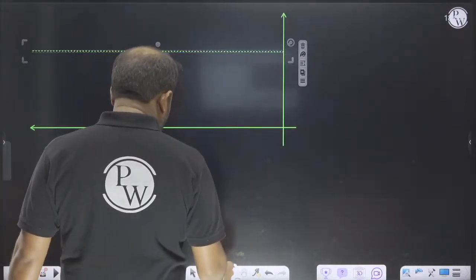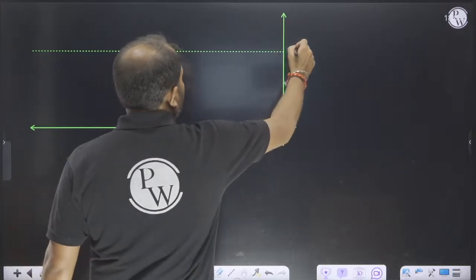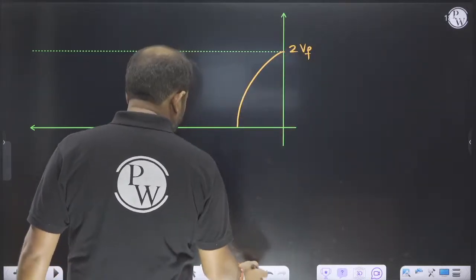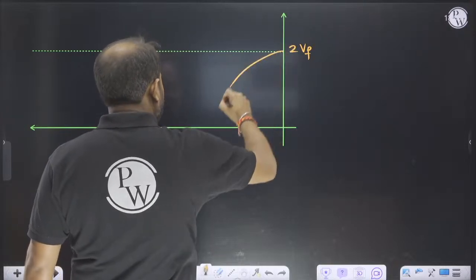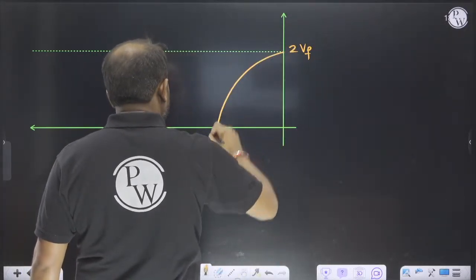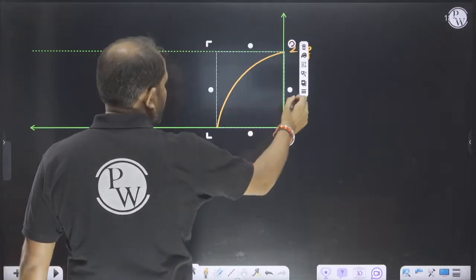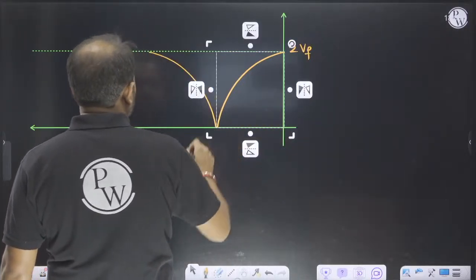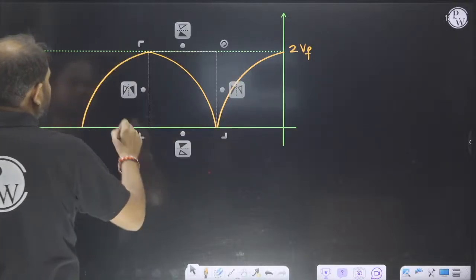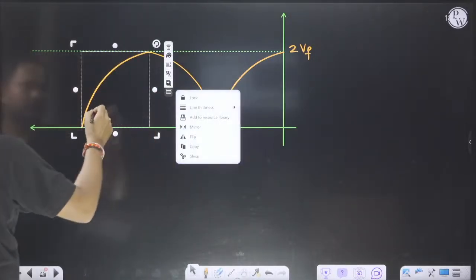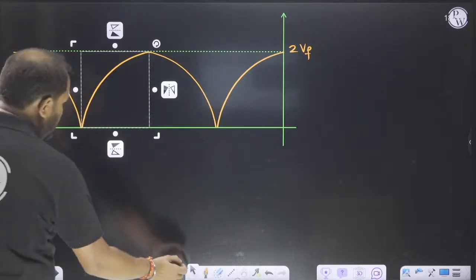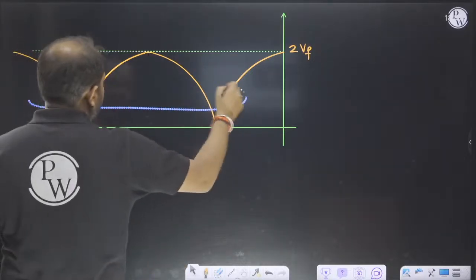So this is the point here. Our voltage maximum is 2 Vf. So maxima and minima. So this is our maxima. Then after there is a minima, maxima, like that it will happen.